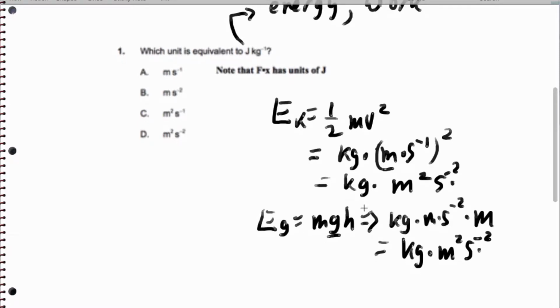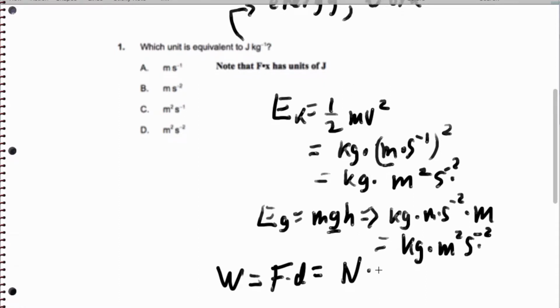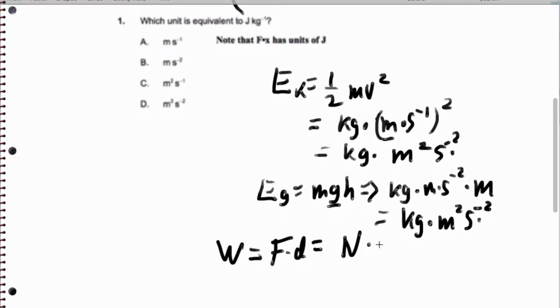Not only that, this year we talked about how work and energy have the same unit. So let's look at the unit of work. Work is force times distance, which is going to be newtons times meters. Now, what does that have to do with this unit of energy? Well, what is a newton?